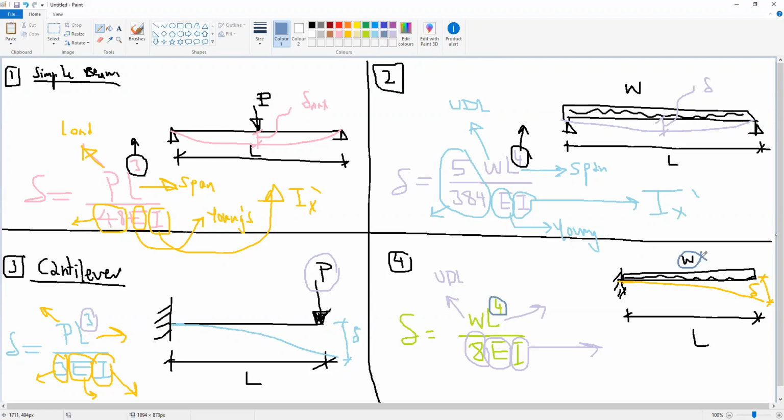So these 4 cases are the main basic cases we need to know, because we have a lot of cases that you can find in any textbook. If you have a load not in the middle, or any shape of beams, we have different cases. But for our course, we have to focus only on these 4.